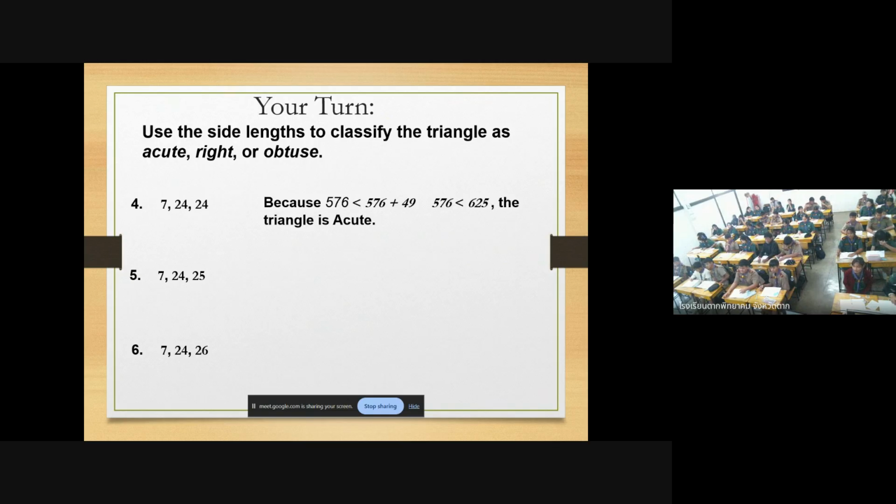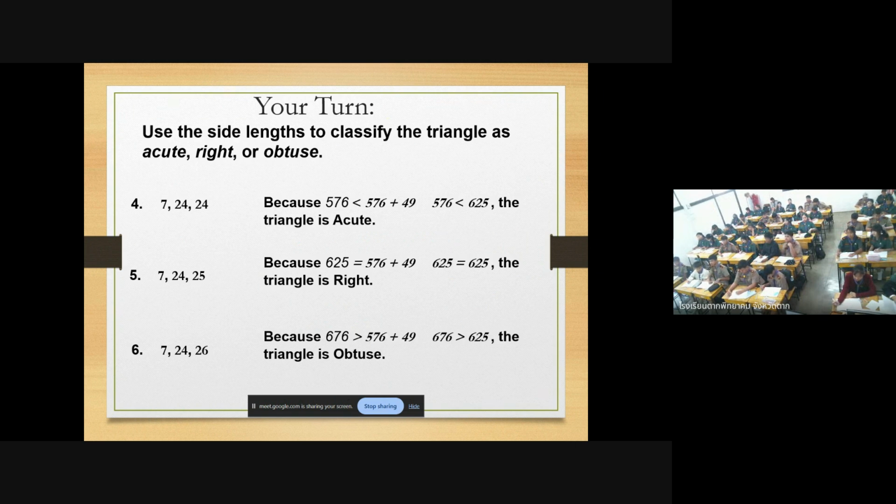The answer for 4 is acute triangle. And then we have right triangle for number 5. And number 6 is obtuse. Okay, count the score. That is 12 points.